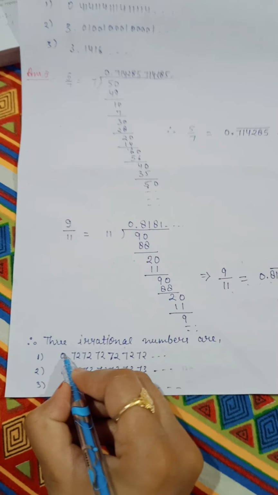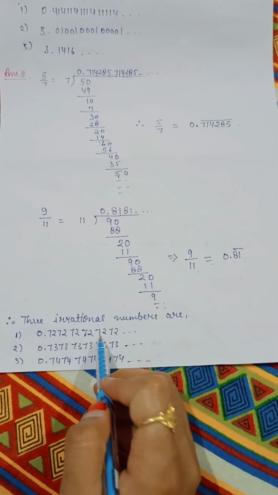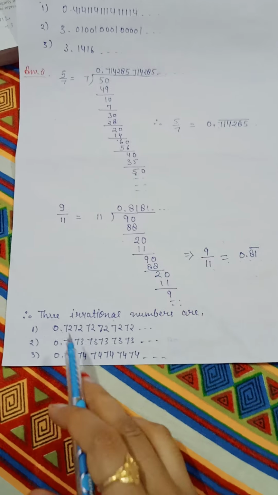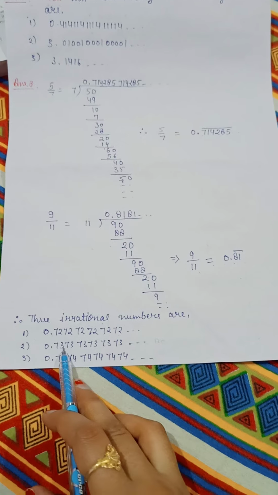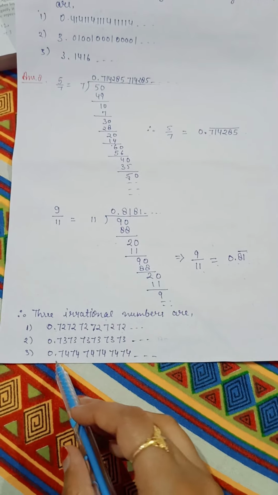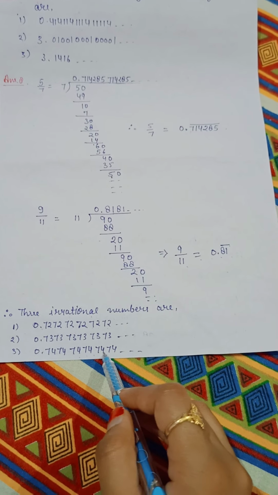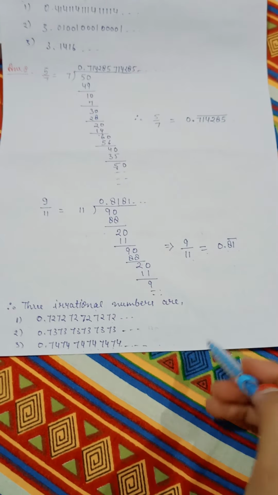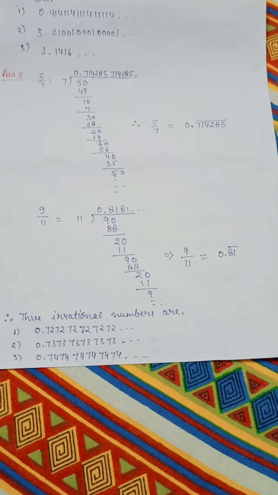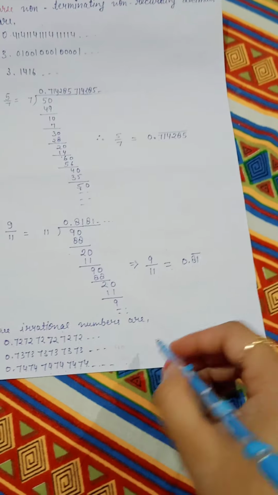We take the first number as 0.727272727272. Next is 0.73737373 and 0.7474747474. You can take any numbers between these two numbers as your choices.